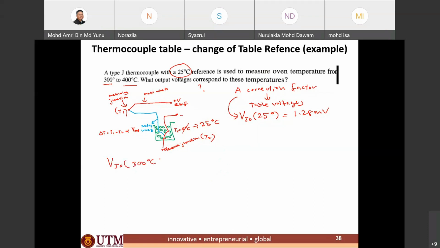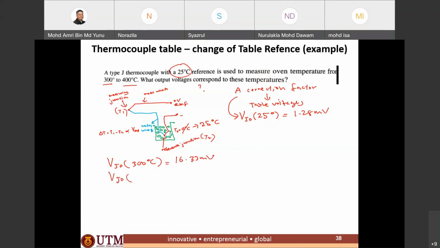If T1 is at 300, you can check from the table. I just write it down directly. It is supposed to be 16.33 millivolt. Doctor, I am a bit lost how you came up with 1.28. Sorry.